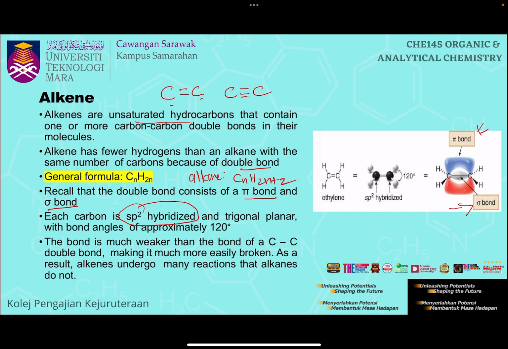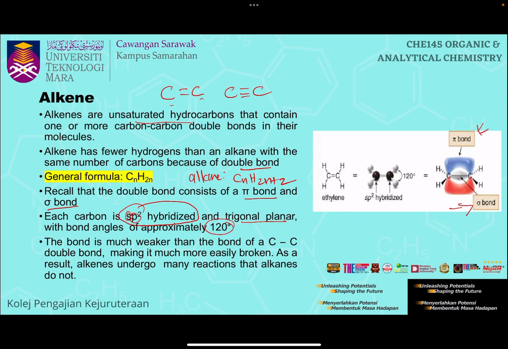In this case, the carbon atom undergoes sp2 hybridization, meaning it's a hybrid between the s orbital and two p orbitals. Remember, for p orbitals you have x, y, and z. Out of the x, y, and z, two are merged with the s orbital, so it becomes a hybrid. This leads to a trigonal planar shape, with a bond angle of about 120 degrees.